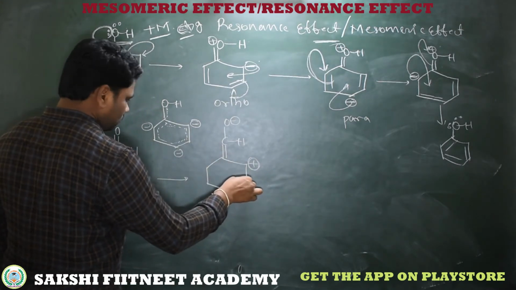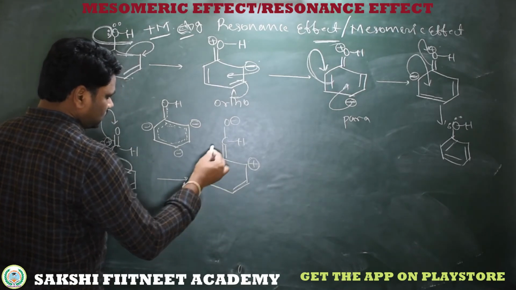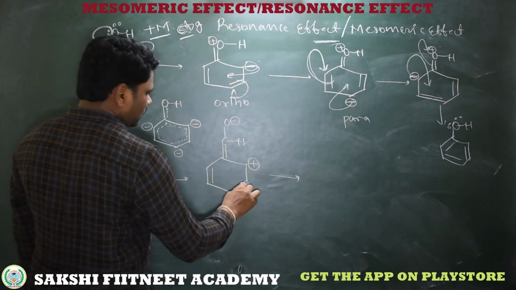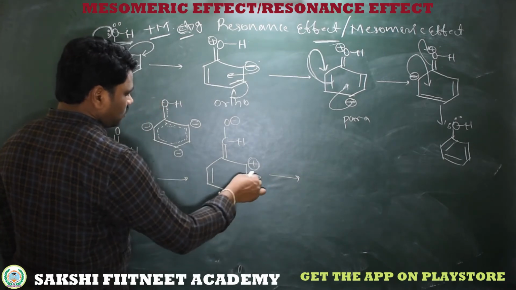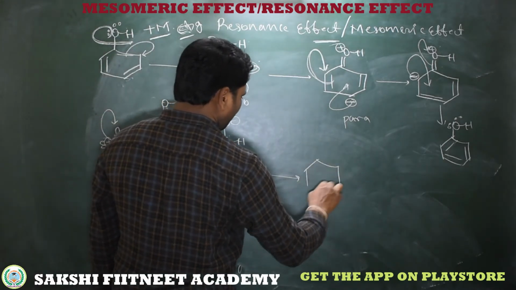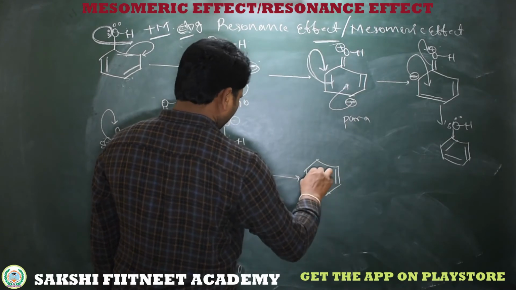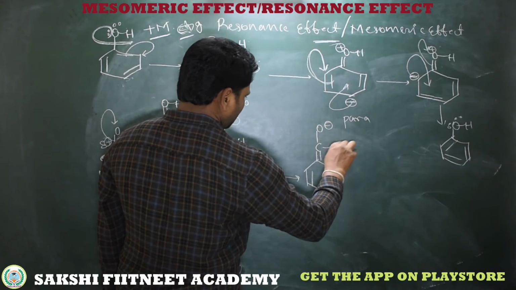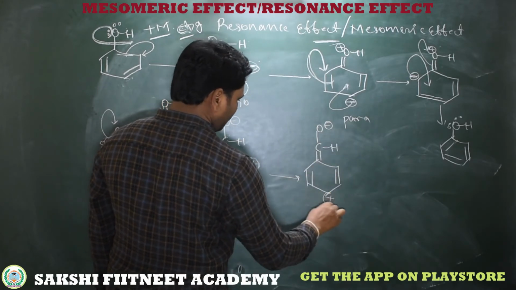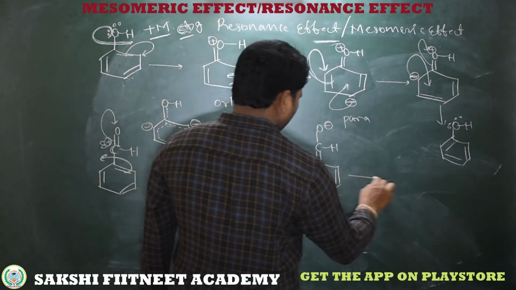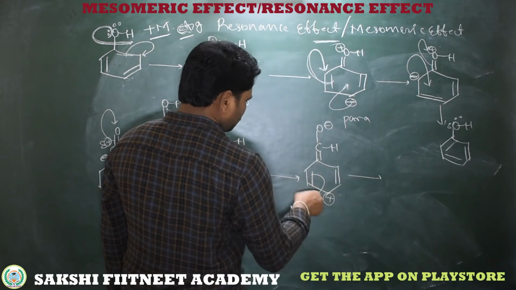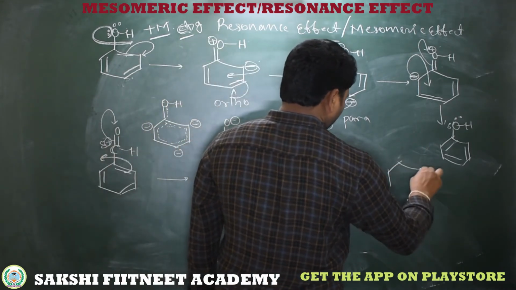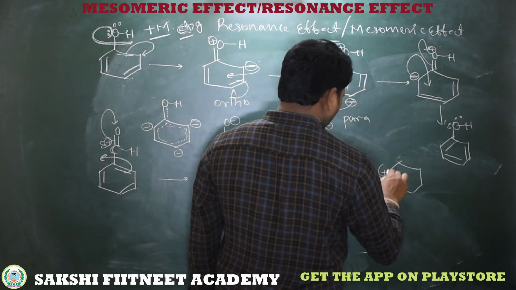Now this bond is as it is. Coming to the next, see here this pi electron shifting, then we get an O minus, hydrogen as it is, and at the para position we get a positive charge. Now these pi electrons are shifting, and we get a positive charge at the ortho place.